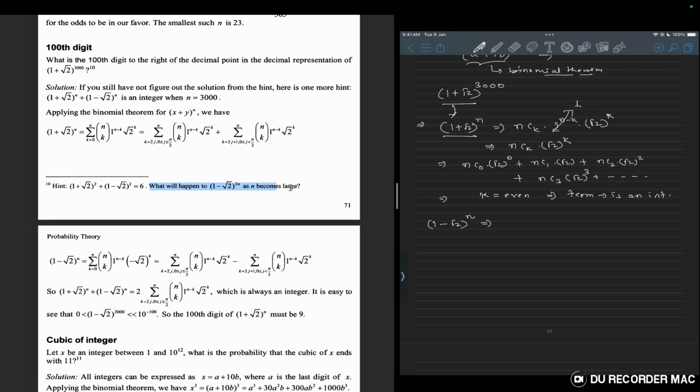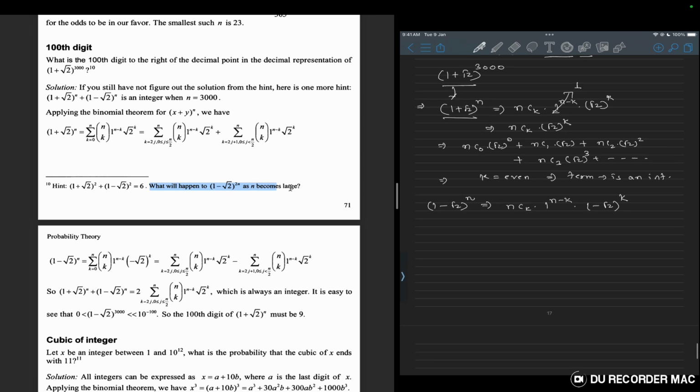If we see the binomial representation of this, it would be nCk, 1^(n-k), and (-√2)^k. Here again, this would always be 1. Similarly, if we open this for k starting from 0, it is nC0 times (-√2)^0. For 1, it would be nC1 times (-√2)^1. For 2, nC2 times (-√2)^2, and so on.